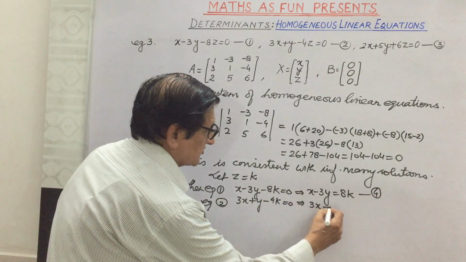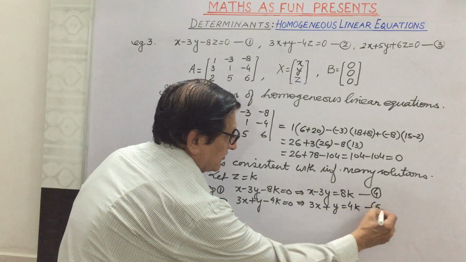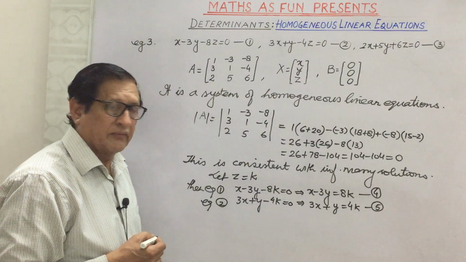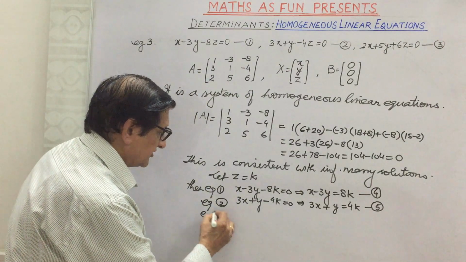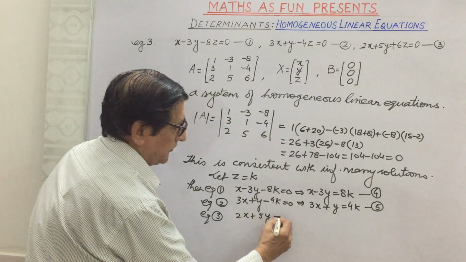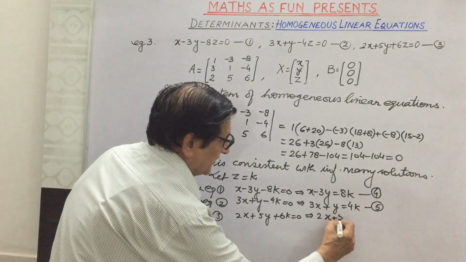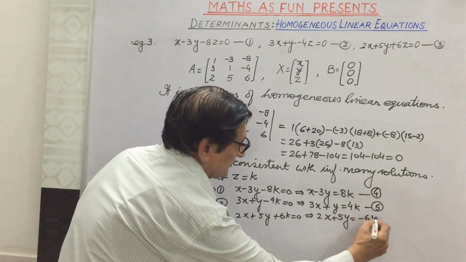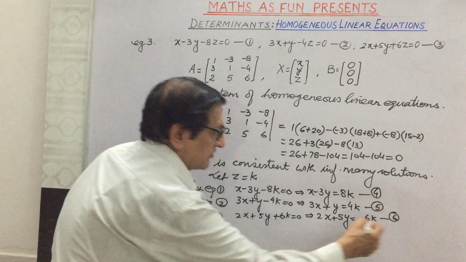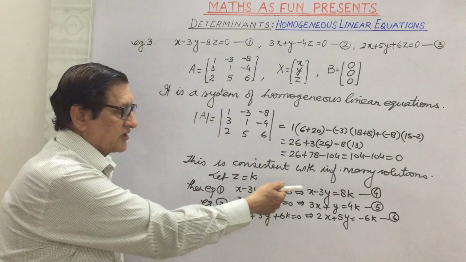It means 3x plus y is equal to 4k. This is fifth equation. Equation number 3 will give us 2x plus 5y plus 6k equal to 0. It means 2x plus 5y equal to minus 6k. This is sixth equation.